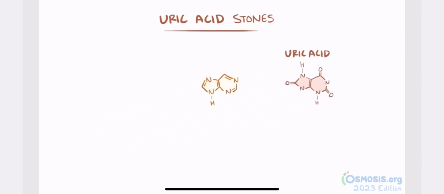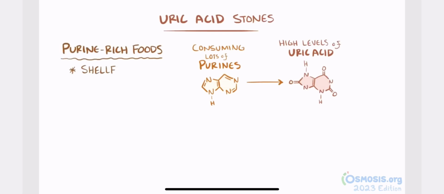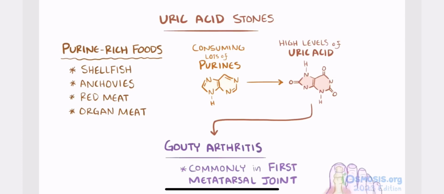Since uric acid is a breakdown product of purines, a very common reason for high levels of uric acid is consuming lots of purines. Purine-rich food includes shellfish, anchovies, red meat, or organ meat. High levels of uric acid can also cause gouty arthritis, most commonly in the first metatarsal joint, which is the base of the big toe.